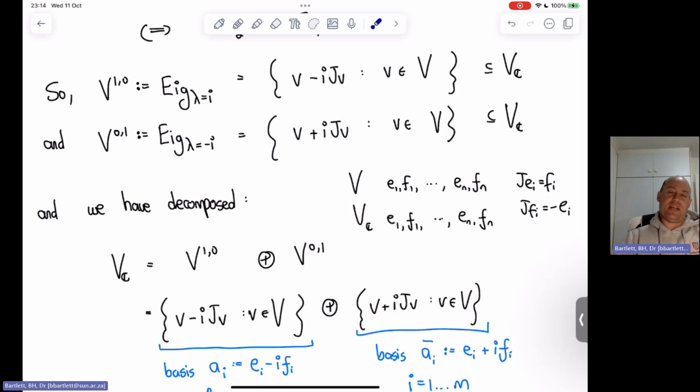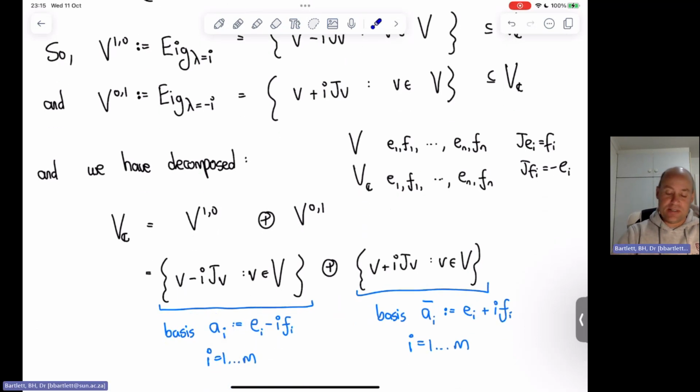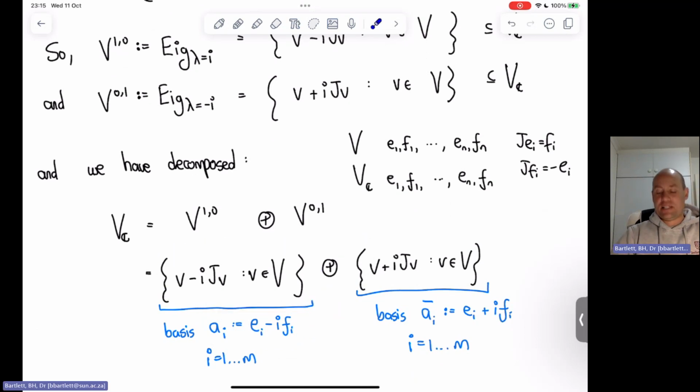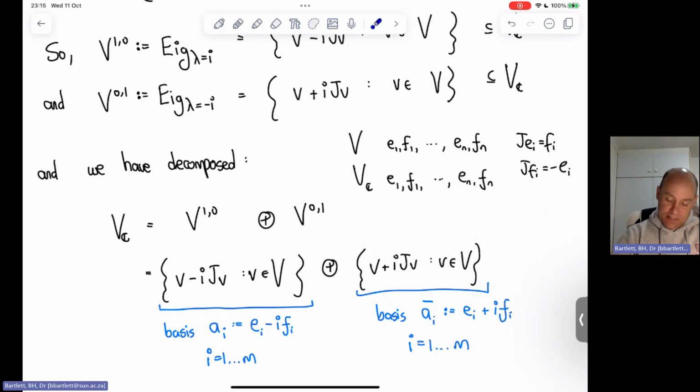And I don't need to do that for the f's because then it should just be i times the previous one. You know what I'm saying? So I only need to do vectors of this form. So call these a_i's, and there's going to be n of them, right? So these are going to be a basis for the plus i eigenspace, and the minus i eigenspace is going to have this basis here, which I call the a-bar_i's, because I've taken the complex conjugate of these vectors to give these vectors.